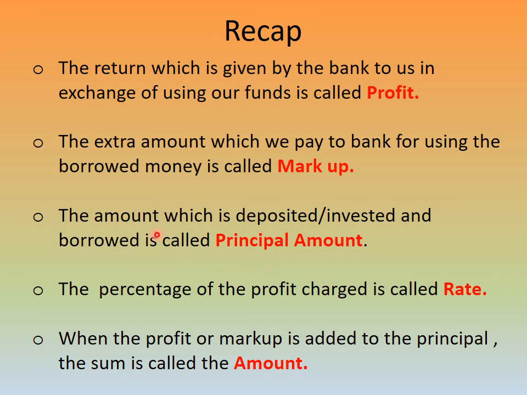What is principal amount? The amount which is deposited, invested and borrowed is called principal amount. The percentage of the profit charged is called rate. When the profit or markup is added to the principal, the sum is called the total amount.